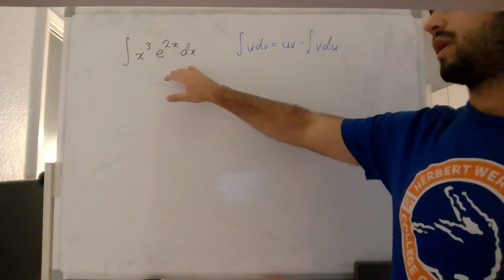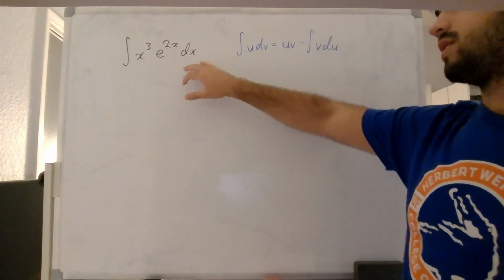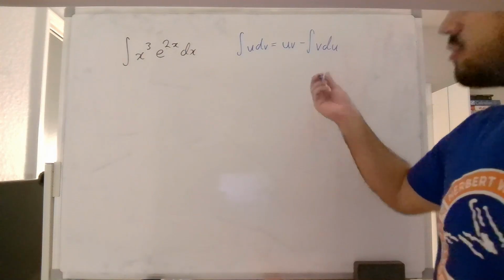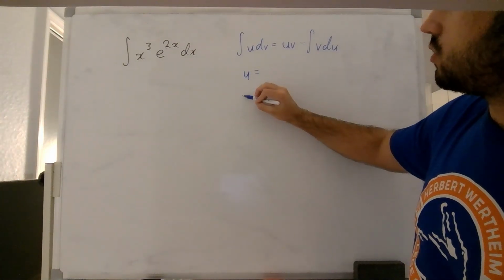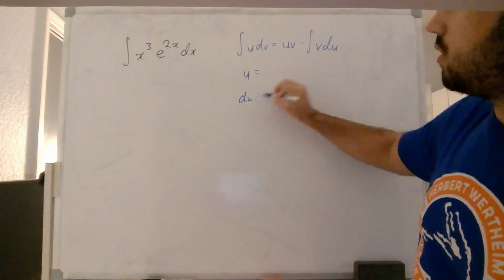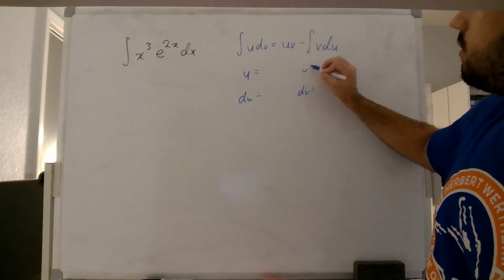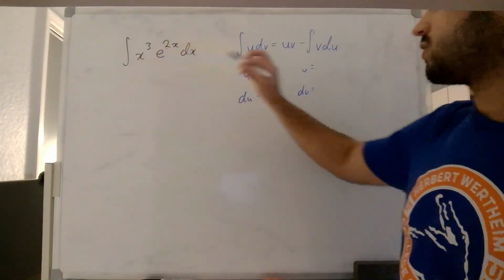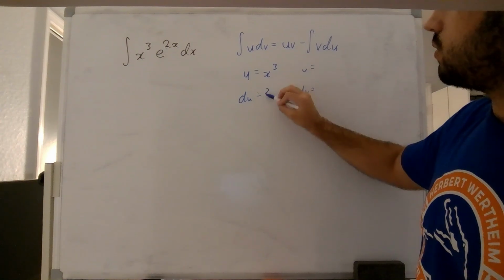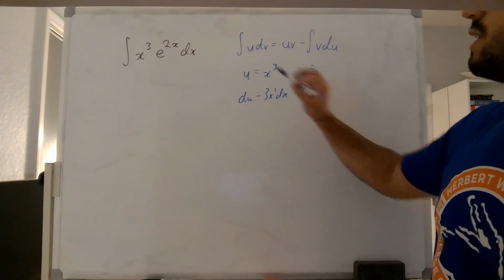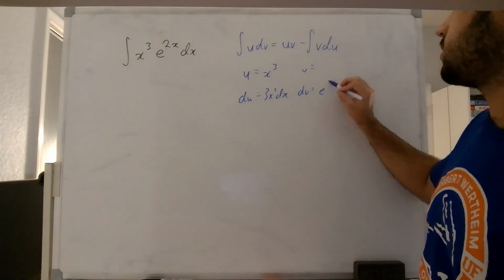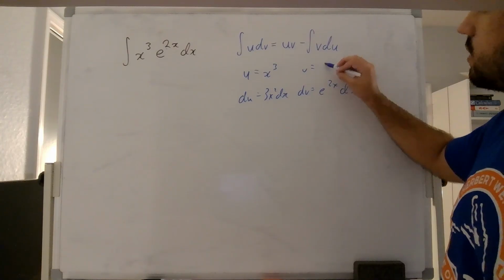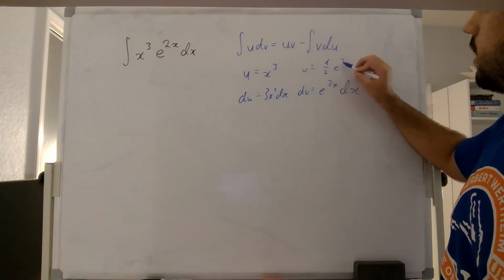What if we had something like x cubed times e to the 2x dx? If you tried integration by parts, I'll show you what you'd end up getting really quick. We have algebraic and exponential, and algebraic comes first, so u is x cubed, du is 3x squared dx, dv is e to the 2x dx, don't forget the dx, and v is 1/2 e to the 2x.